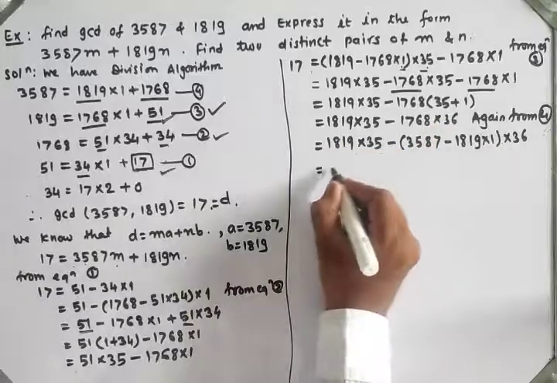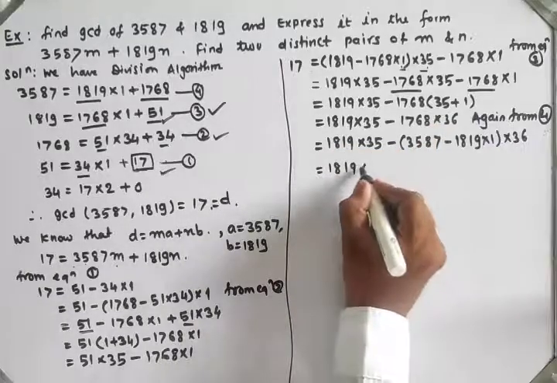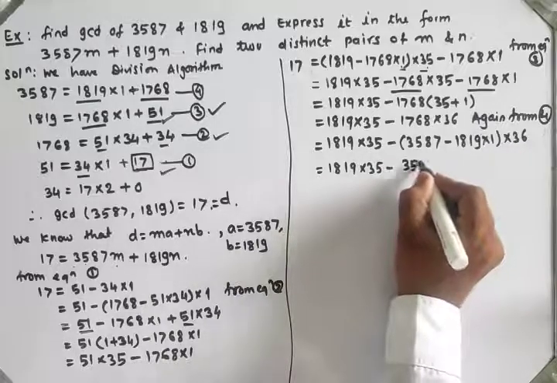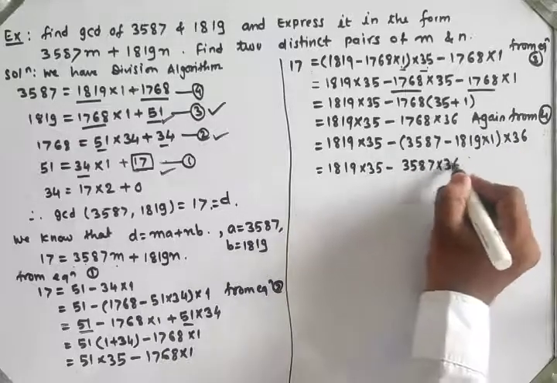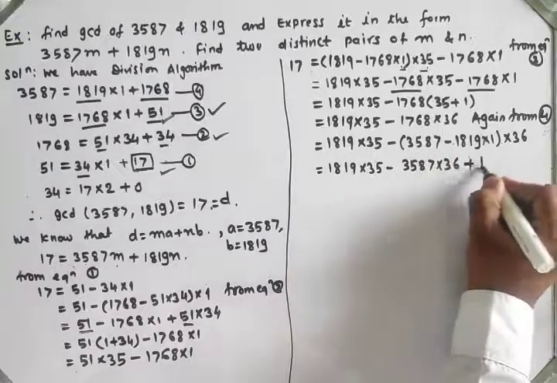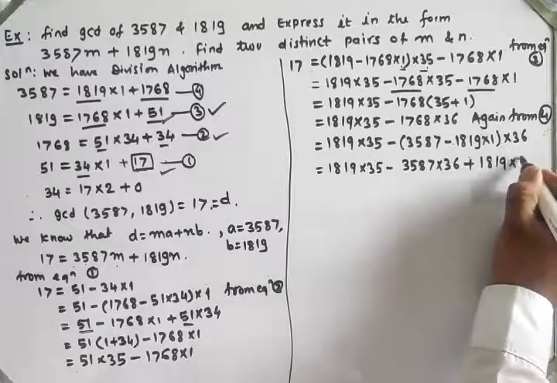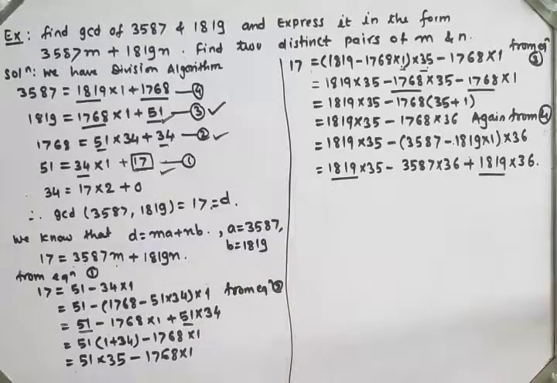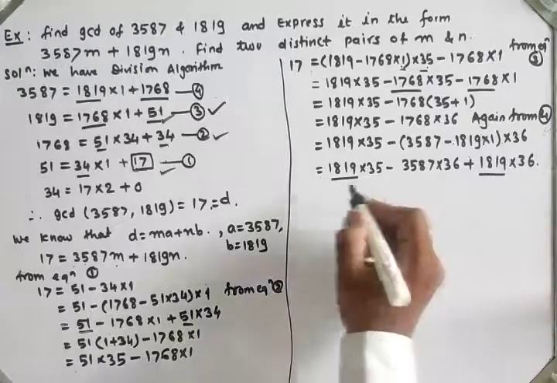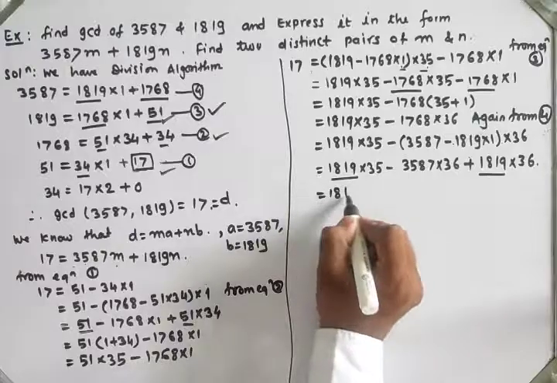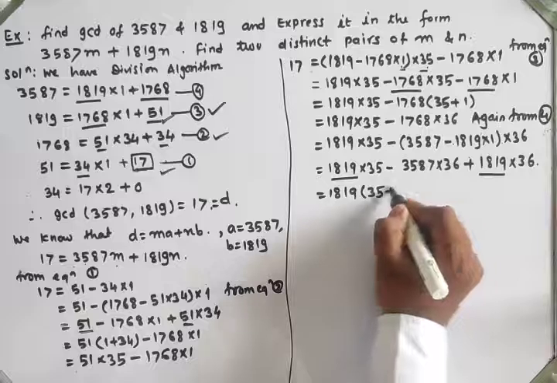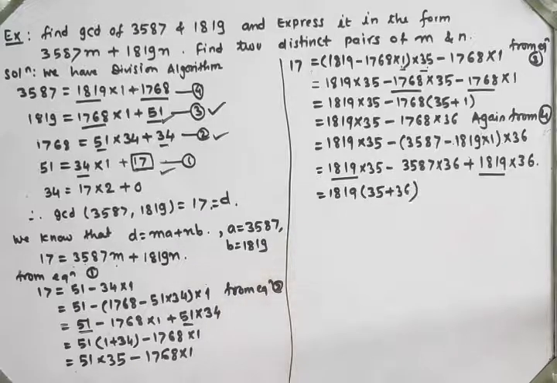This is from equation 4. So which is equal to 1819 into 35 minus 3587 into 36, minus minus plus 1819 into 36. 1819 is common. I will take common 1819 into 35 plus 36, right?